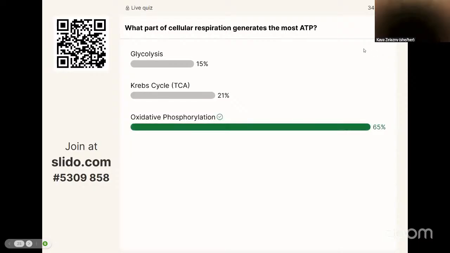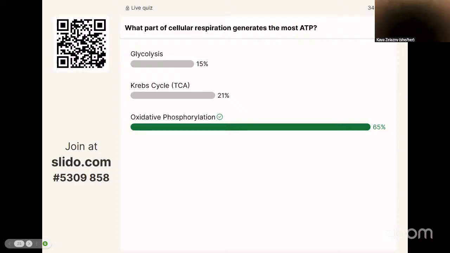So all of the steps on the slide here can make some ATP, but remember, glycolysis on net only gets us two ATP. The Krebs cycle, we get one per turn of the cycle. So again, just two in terms of per glucose molecule. And it's the oxidative phosphorylation at the end.